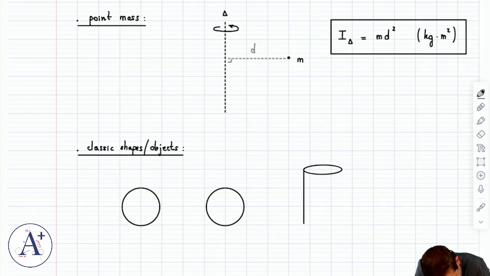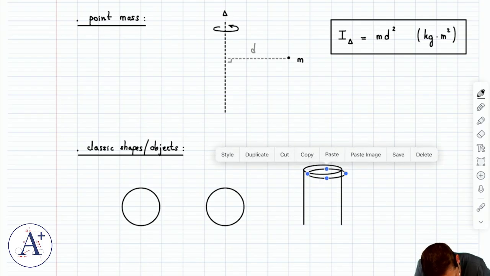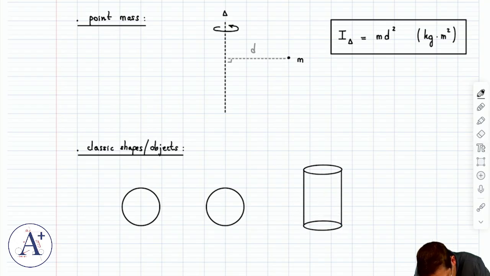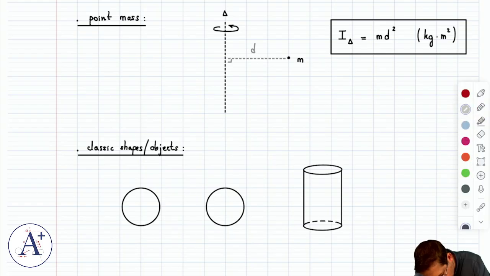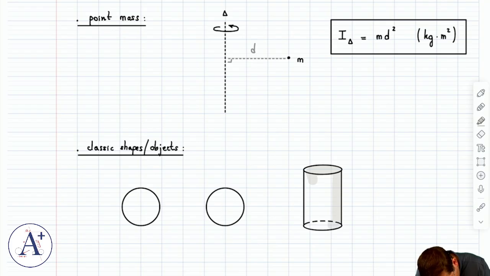There's really nothing interesting about it. So I'm just going to draw a few just to make my point. There's a whole collection of them, right? There's the ring or the hoop, and then there's the rod, and a few others that might show up and are going to be given on the formula sheet. But let's just draw a few of these because this is going to help me segue to the next point.